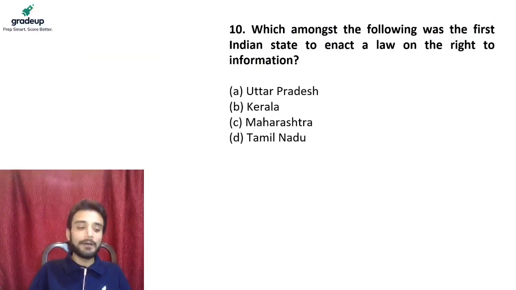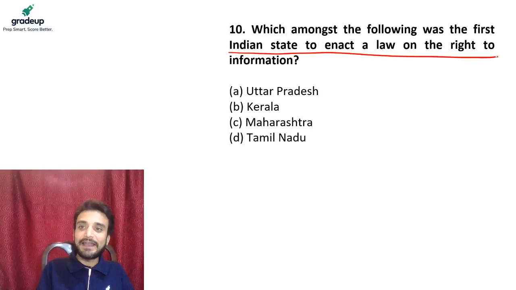Question number 10. Which amongst the following was the first Indian state to enact a law on right to information? Which state enacted the first law on the Right to Information Act?